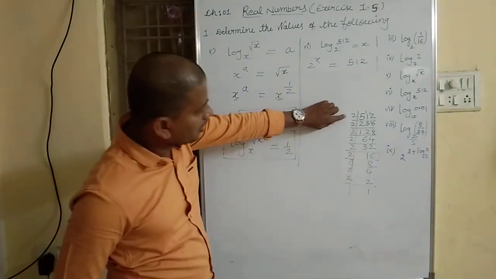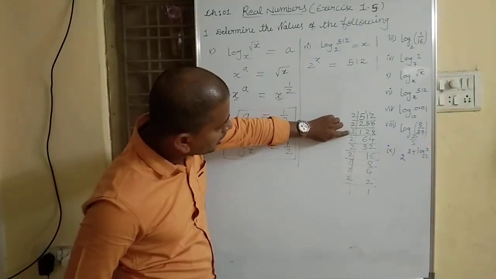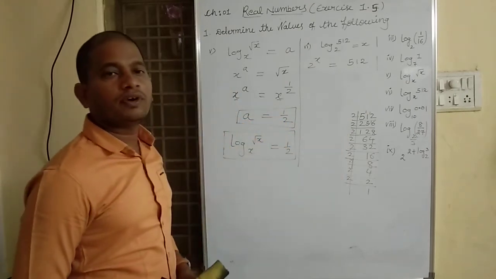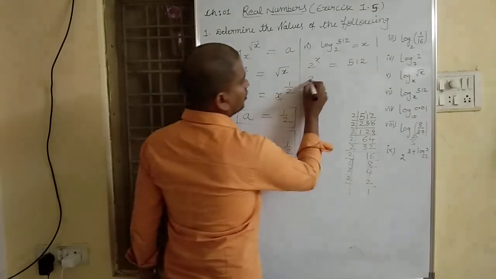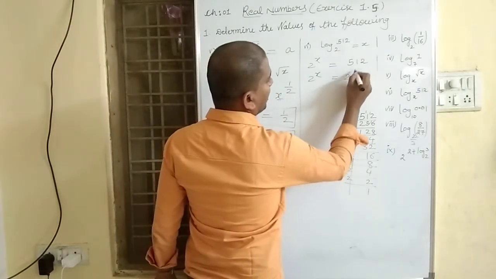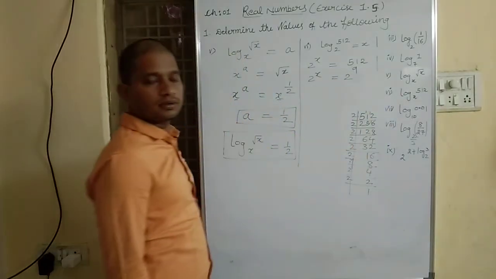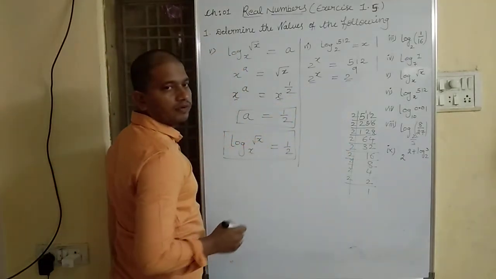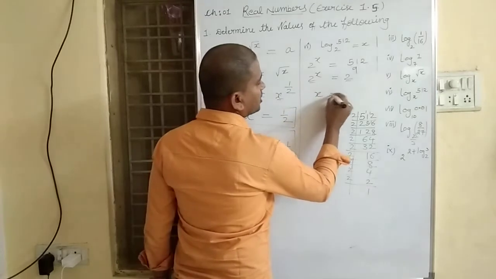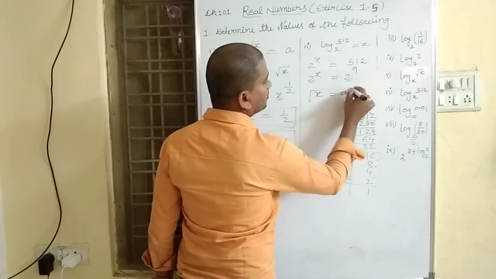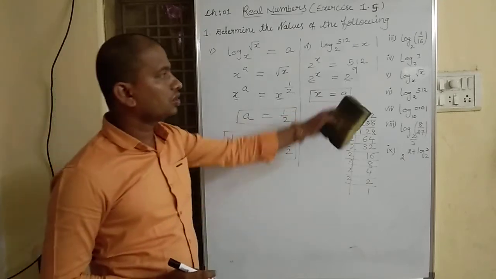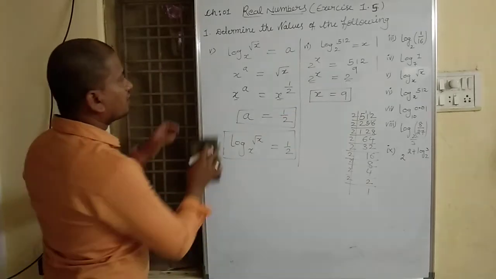I mean, 512 I can write as 2 to the power 9, counting 1 2 3 4 5 6 7 8 9. So 2 to the power x equal to 2 raised to the power 9. Again, as bases are equal, powers should be equated. So x is equal to 9. So the value of log 512 base 2 is equal to 9. Got it?